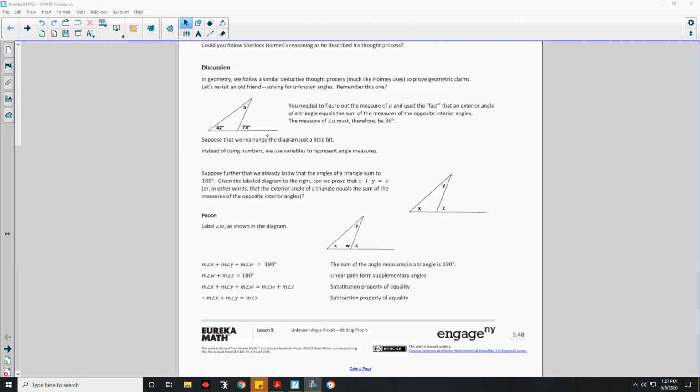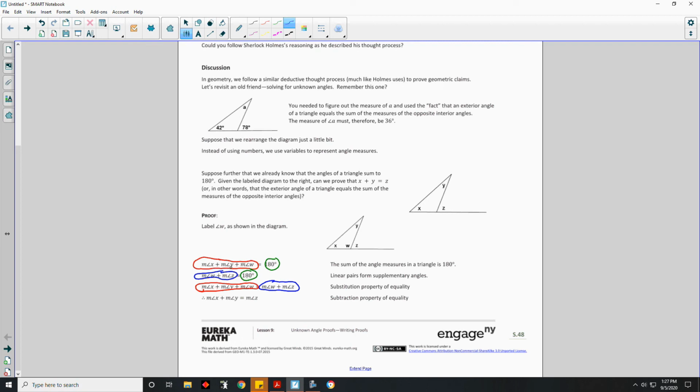So let me do some color coding here so it's not confusing. It's the transitive property. So if this is equal to 180 degrees, and 180 degrees is equal to this, then the first is equal to the third, basically.